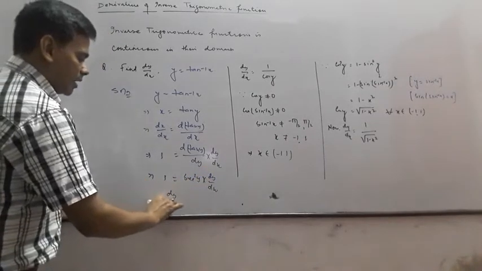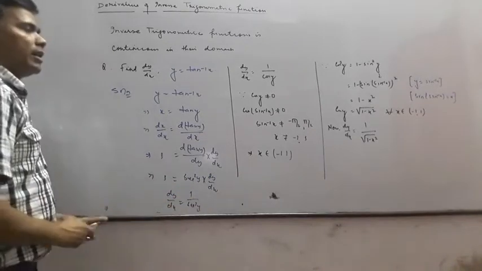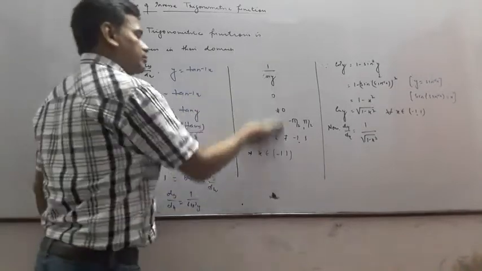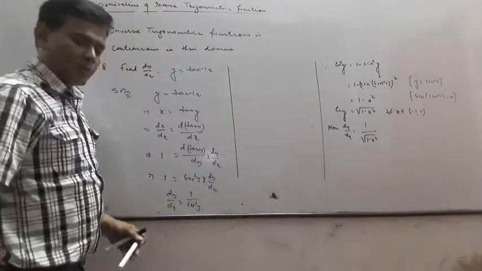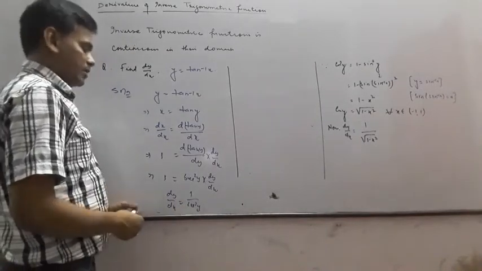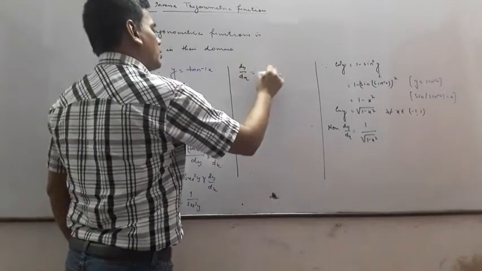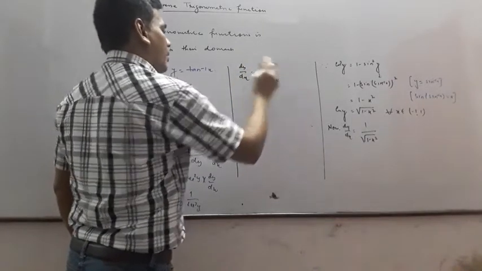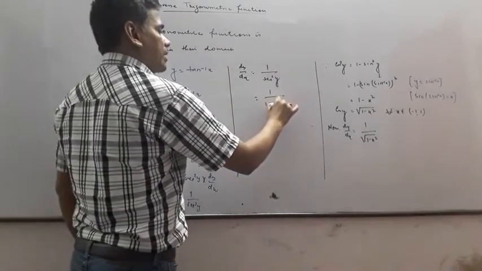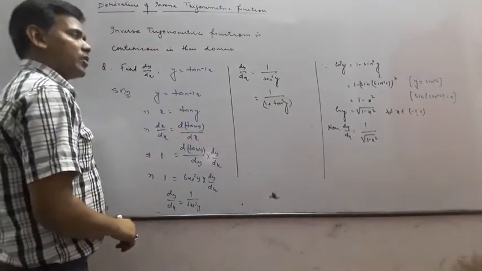So dy by dx equals 1 by sec square y. But this is not our final answer. We have to convert this sec square y in terms of x. We can write 1 plus tan square y, because this is the formula for sec square y.